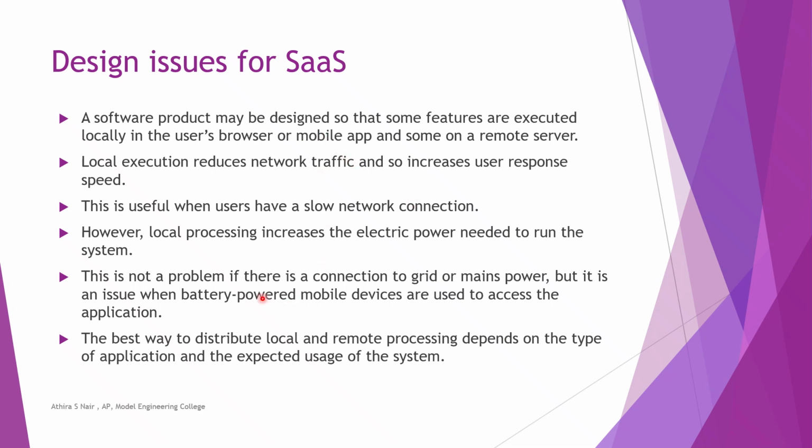Local processing increases the electric power needed to run the system, but this is not a problem when battery-powered mobile devices are used to access the application. So the best way to distribute local and remote processing depends on the type of application and the expected usage of the system. Consequently, it is difficult to give general advice on this topic apart from experiment and be prepared to change.